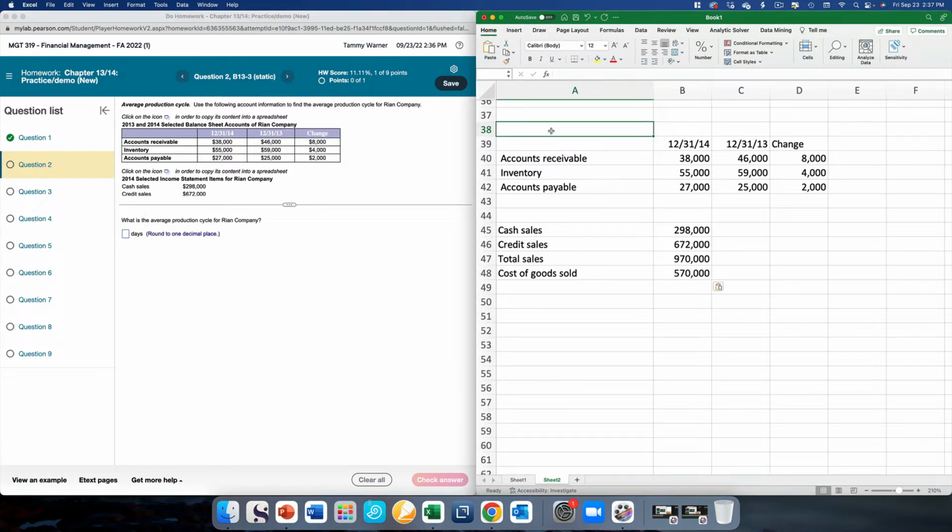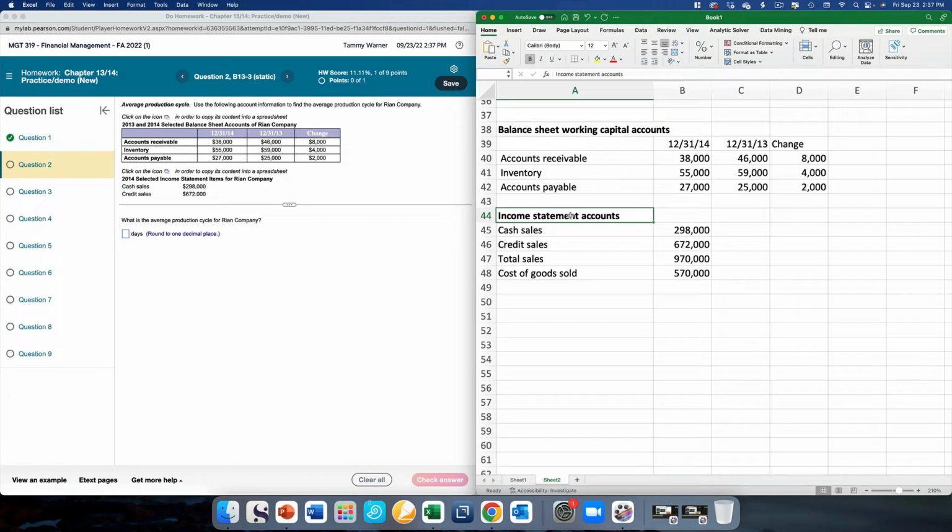They are the value of various assets and liabilities. These are the value of your working capital accounts, actually. And then these are income statement accounts. Okay, that's the first thing to notice. So we're going to work with both the beginning and ending balance sheets and the income statements.